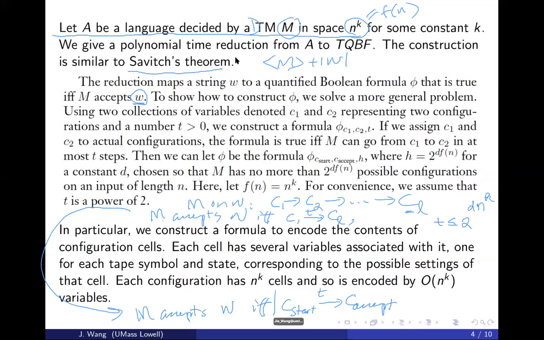Since we know how to represent a computation history by a formula, that means if and only if we use this formula, C start, C accept in T steps. Okay, however, this formula may be too long because T is big. So T is this big. So T is too big.